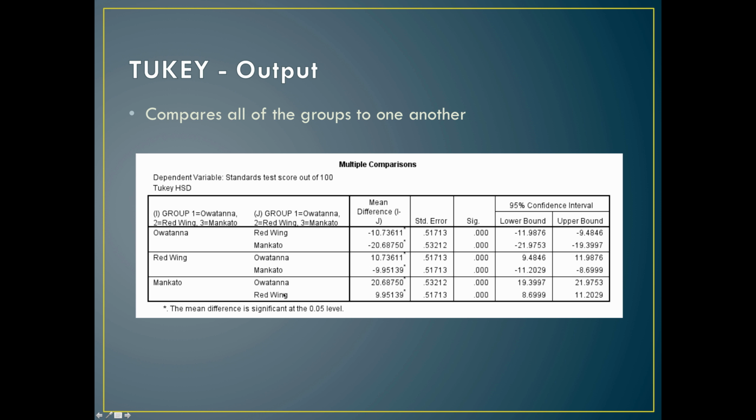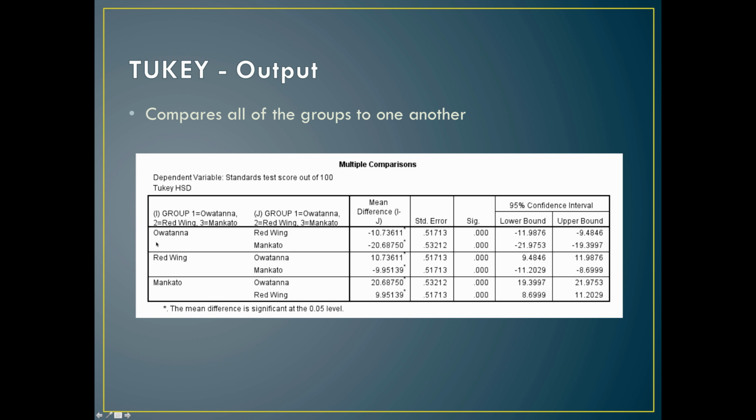So remember the t-test formula, x bar 1 minus x bar 2. So right here would be the mean of Owatonna minus the mean of Red Wing, and this is the difference of their means, right? And you get a significance level of 0.00, very significant. So apparently there is a significant difference between Owatonna and Red Wing.